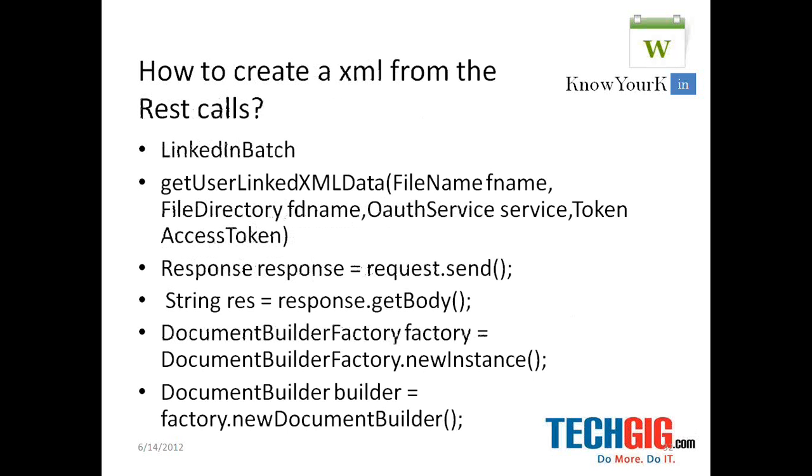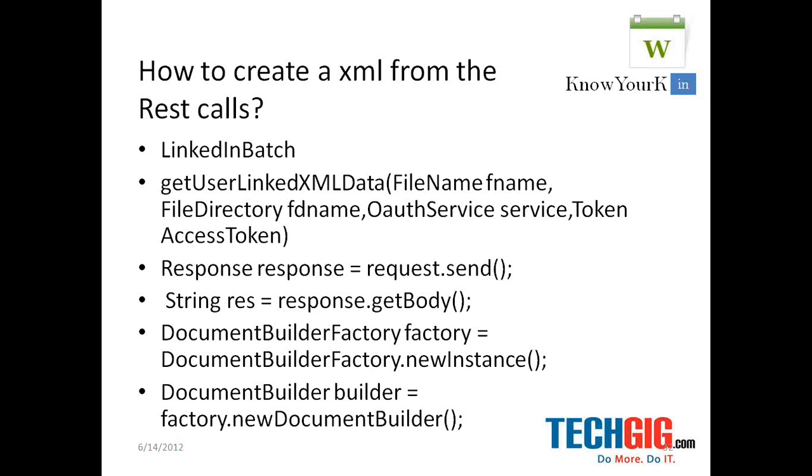So how do we create an XML from the REST call? Basically, we can create XML from the REST call by using the getUserLinkedInXMLData API, which is created for Know Your Kin.